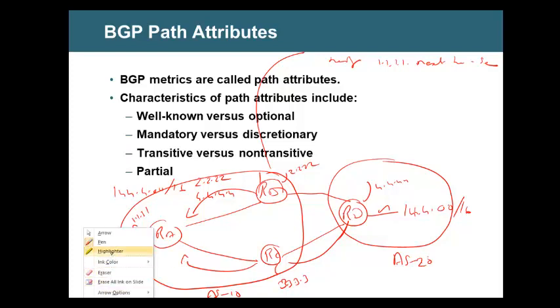So unfortunately, router A doesn't have reachability. Why? Because we don't run OSPF up to here. We run OSPF only.